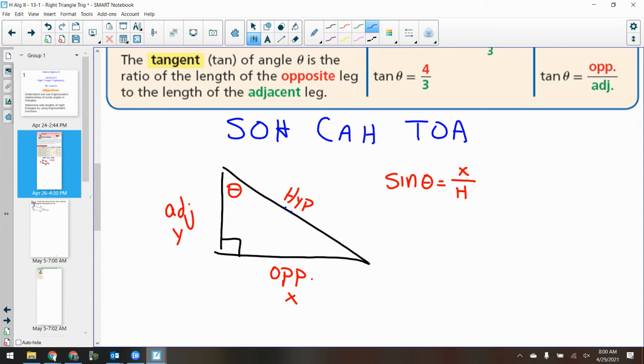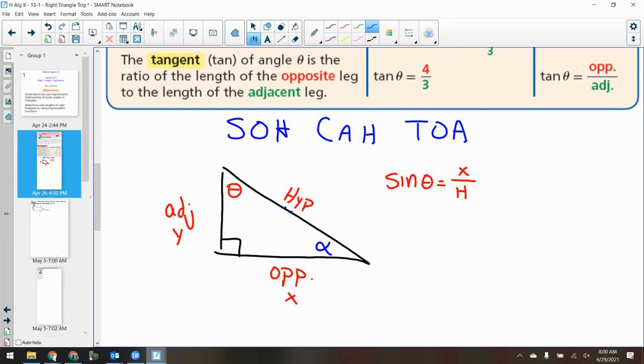Let me ask you this. Let's introduce a different variable here, just so we're not talking about theta and theta. Let's use the Greek letter alpha. When you're talking about angles, you usually use Greek letters. Whenever you use angles, and you'll find this through pre-calculus and calculus, you always use Greek letters. So theta, alpha, beta, gamma, whatever.